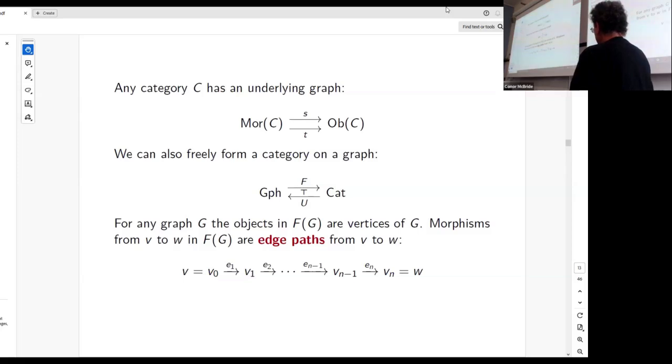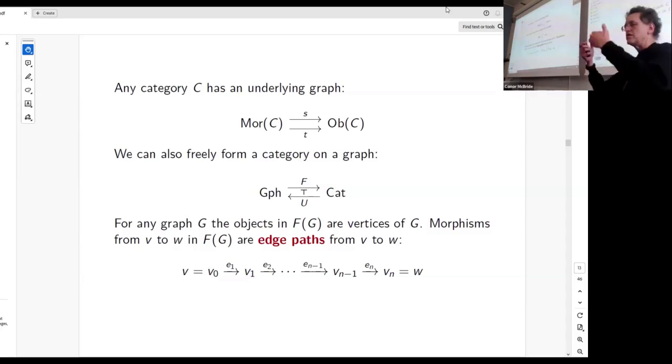Each edge, its source is the target of the previous one, until finally the last edge arrives at W. So this is what the morphisms have to be if you're able to compose edges, and if you do it freely, that is, if you apply no extra relationships other than those required by the definition of a category. So the concept of a path of edges, a directed path of edges, you might emphasize, because all these edges are going the same way, arises very naturally from these adjoint functors.